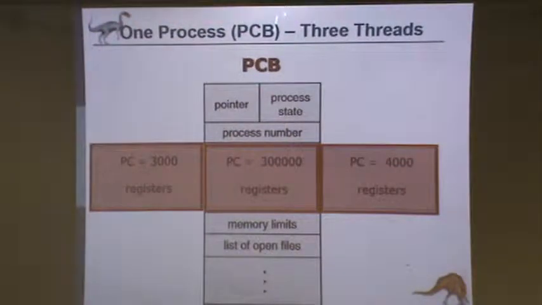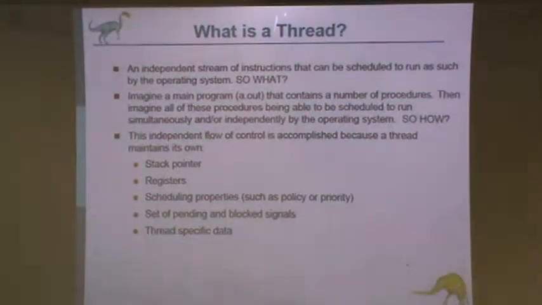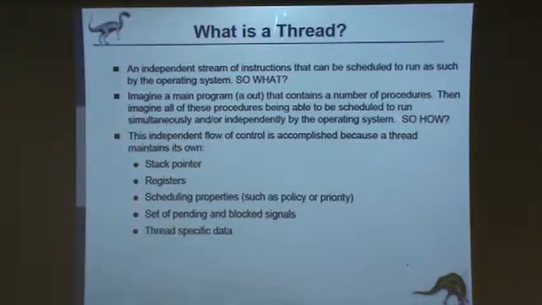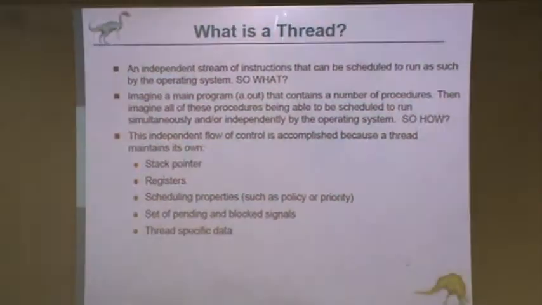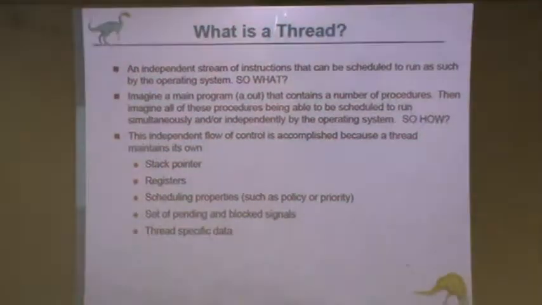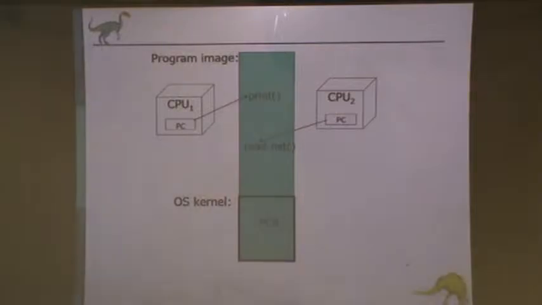Also, a thread can have its own stack pointer, register, and scheduling properties, and some others like signals and thread-specific data. These things you can't share with another thread. But in one process, different threads can share the process data. So this is the difference.